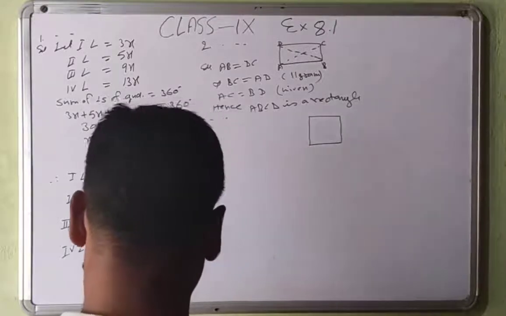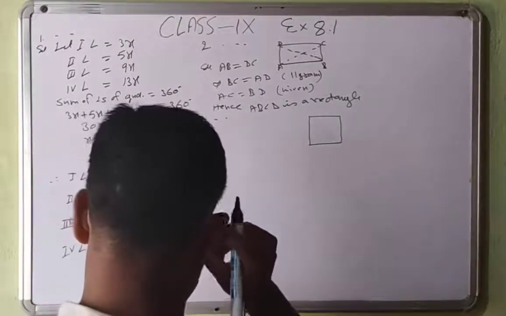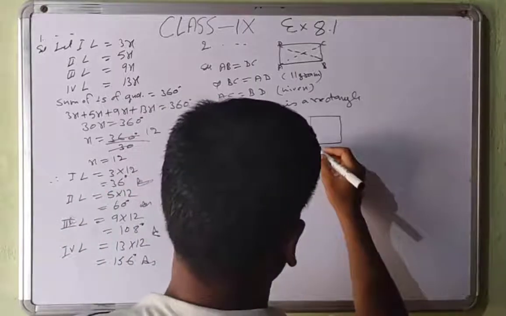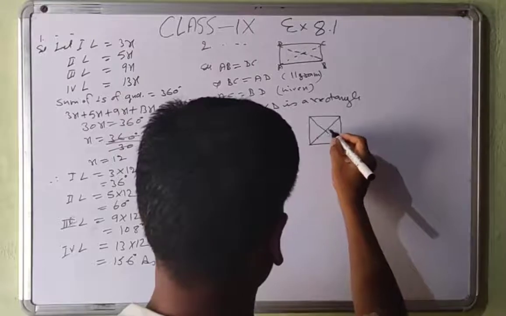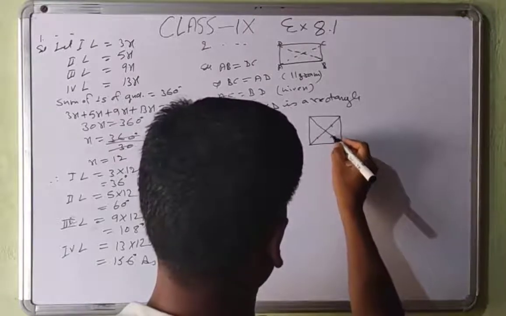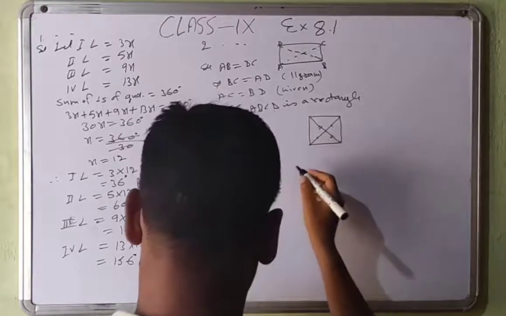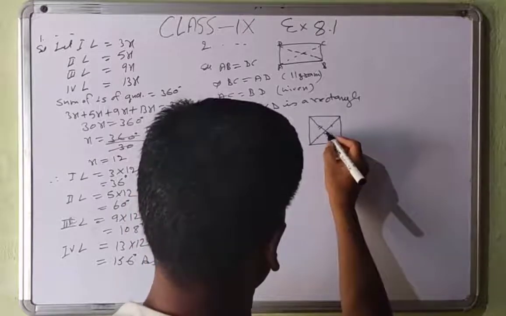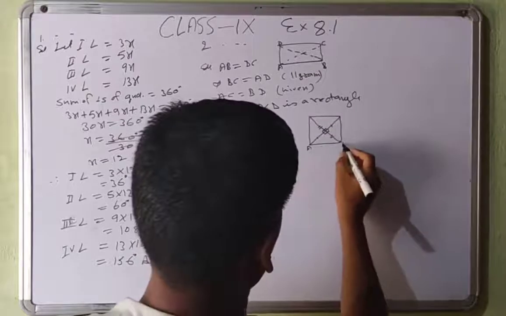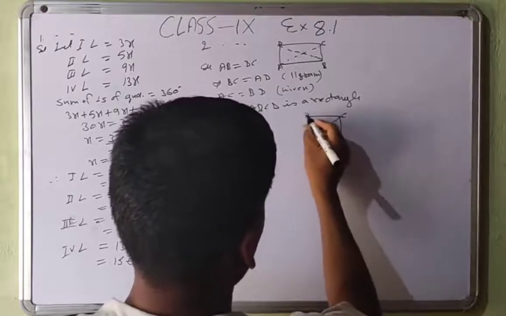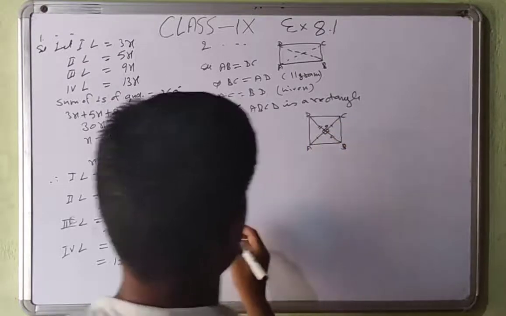The diagonals of the quadrilateral bisect each other, meaning this part is equal to this part. And at right angles also, so this is 90 degrees, this is also 90 degrees, this also, this also 90 degrees. So ABCD, and this point will be O.